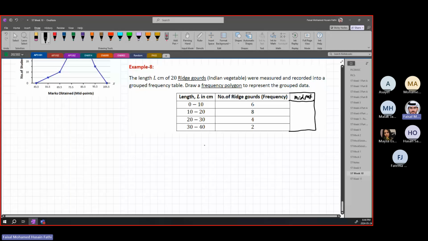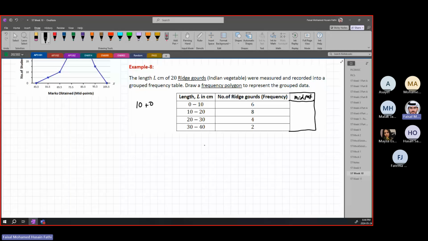What is the midpoint? You're going to add the upper limit with the lower limit and divide by 2. So this is going to give us 5. This is our first midpoint, which is 5. For the second case, it's going to be 10 plus 20 divided by 2, which is equal to 15.